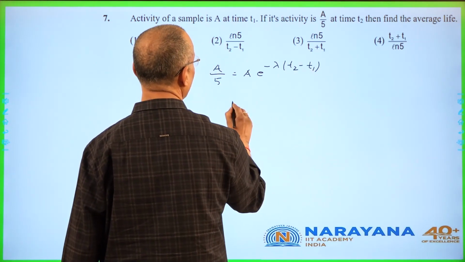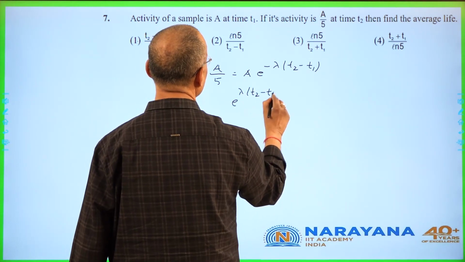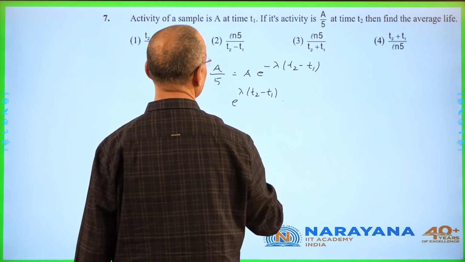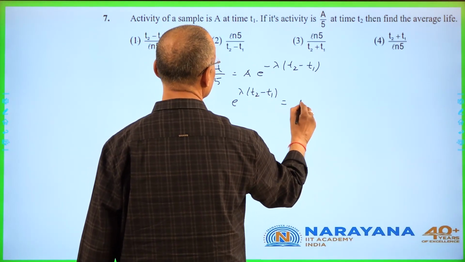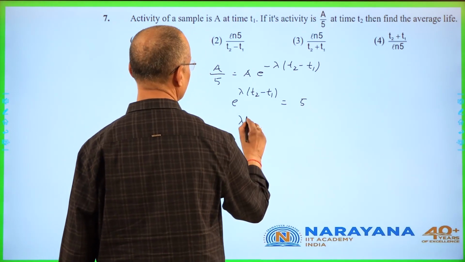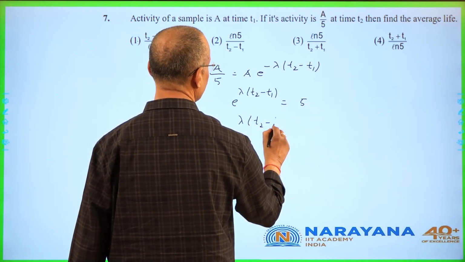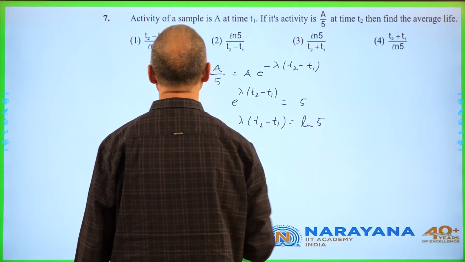So you will go for e to the power lambda t2 minus t1, this one you have brought down, this will become 5, lambda t2 minus t1 will become ln 5.